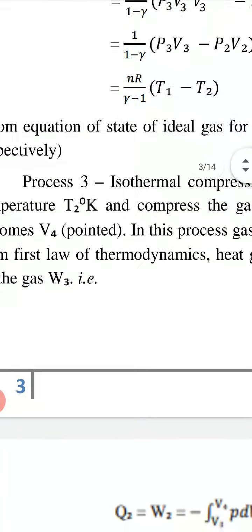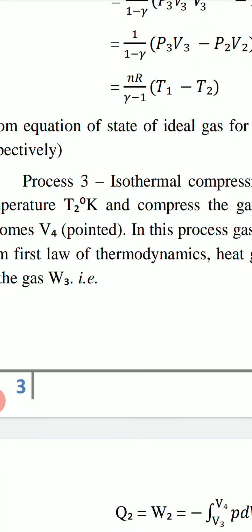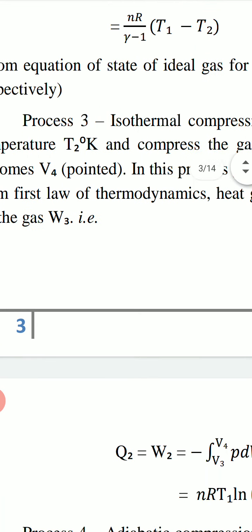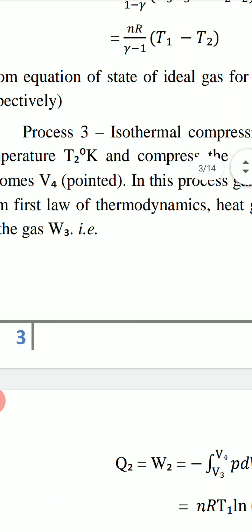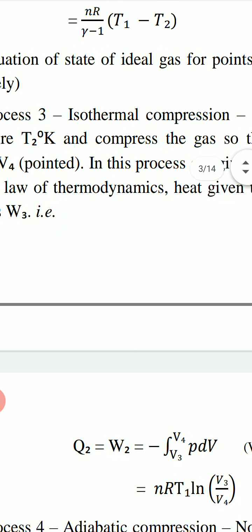Similarly, for the other two processes we can calculate the work done. For process 3 and process 4, that are isothermal compression and adiabatic compression, work is done on the system. For the first two processes work is done by the system, and for the last two processes work is done on the system, because these two processes are compression.